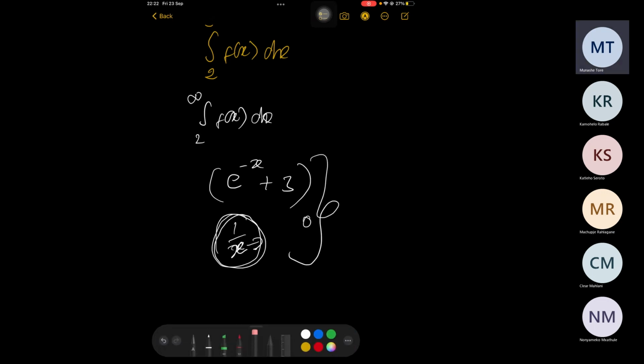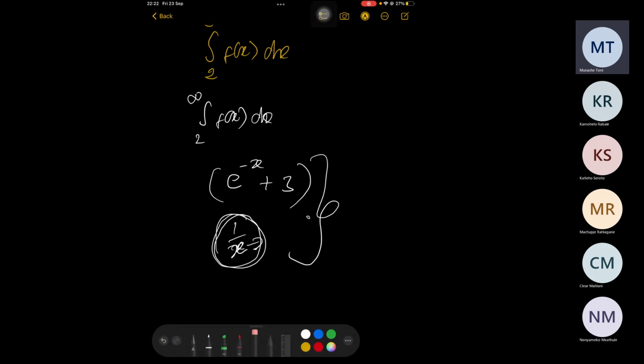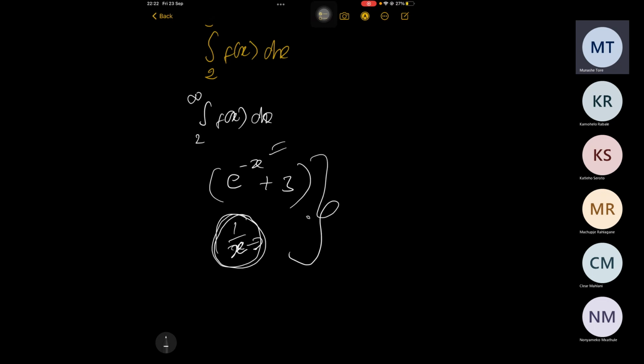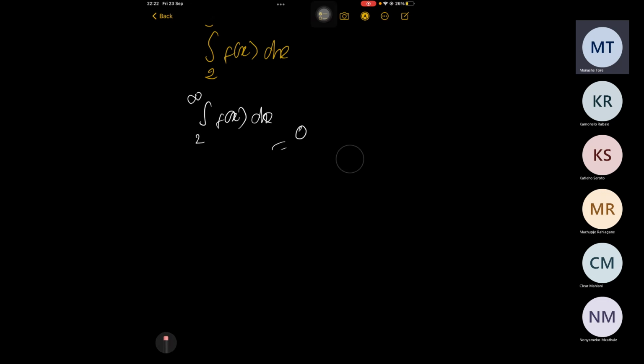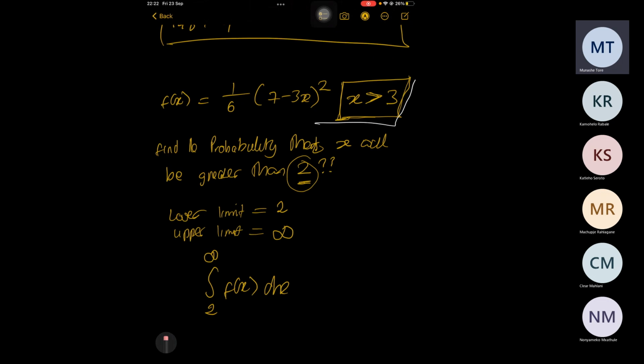The exponent of a negative number should approach 0, if I'm not mistaken. Then 1 over x, as x tends to infinity, will also approach 0. So try to recall limits, because such questions will definitely be given. That much I can guarantee you.